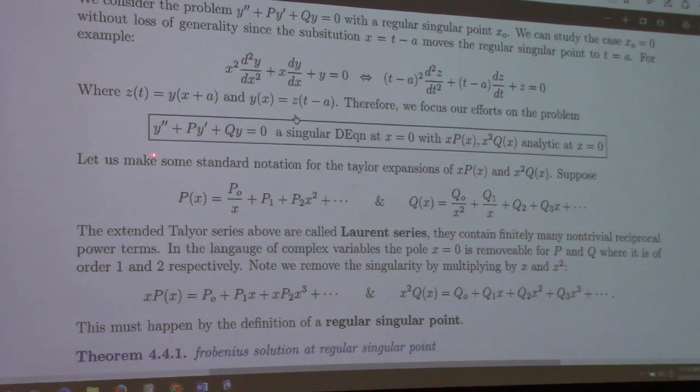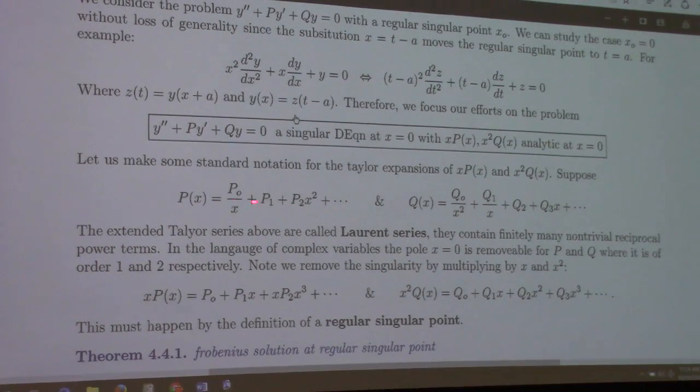This is then, in that sense, general. y'' + py' + qy = 0, a singular differential equation at x = 0, and it's a regular singular point. In other words, p and q are not analytic at 0, but their fall from analyticity is relatively mild, because if I multiply p by x, I get a power series.